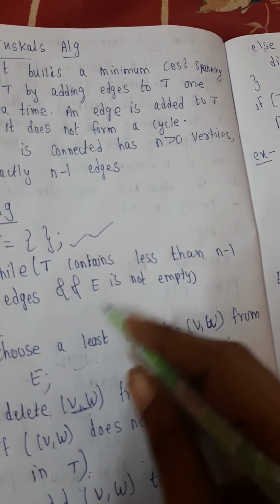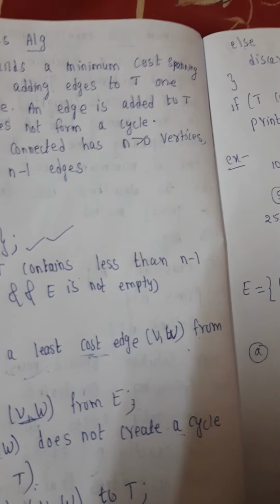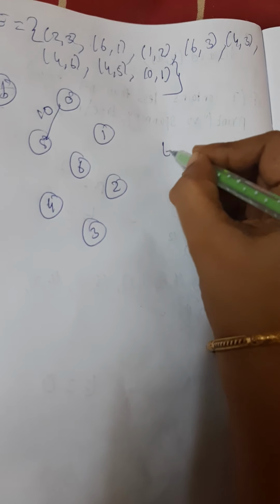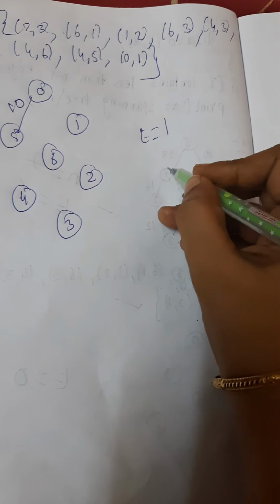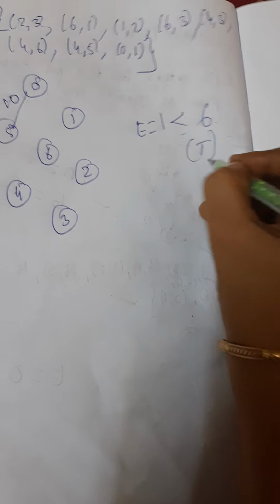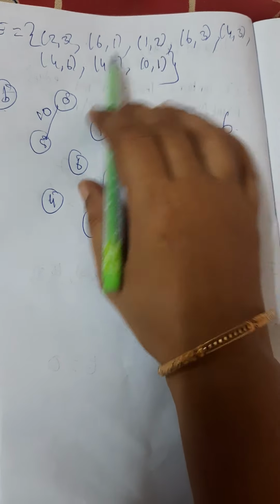Again, the process should be repeated. How many edges do you have in the tree now? You have only one edge. How many edges should we have? It should be 6; one is less than 6, true. And the edge set also we have.